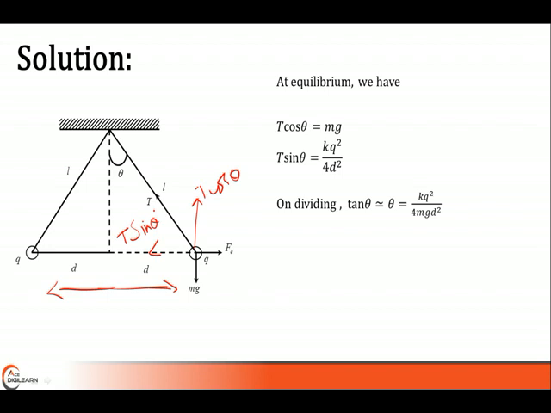But since theta is small, we can assume tan theta to be equal to theta itself. And also from the diagram, sin theta is d by L, which can also be approximated to theta. Substituting and rearranging, we have the mass of each of them equal to kq square by 4g theta cube L square, which is the required answer.